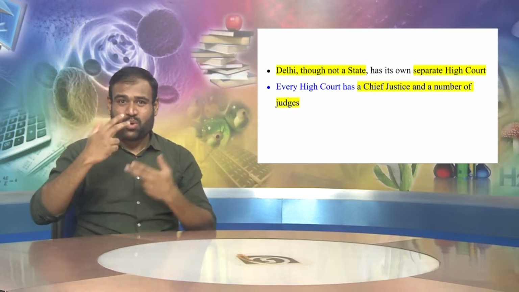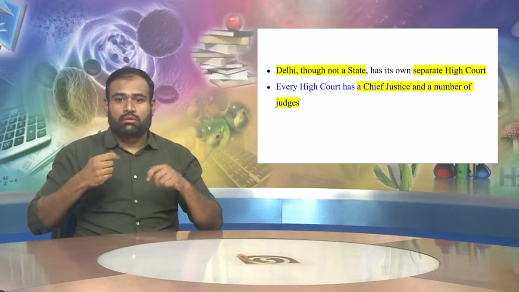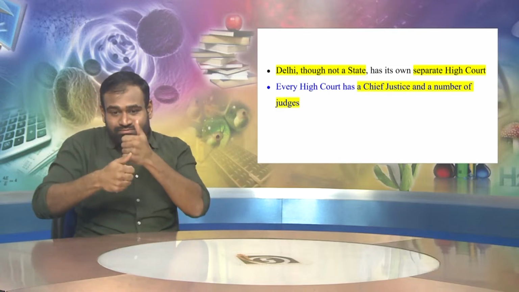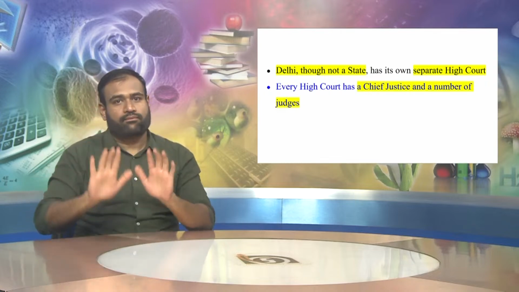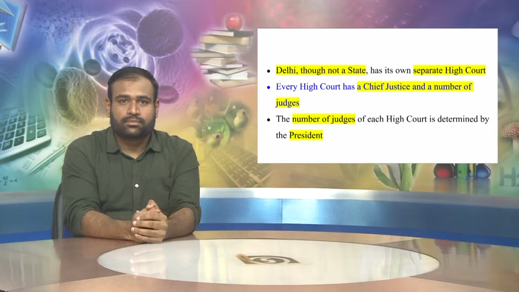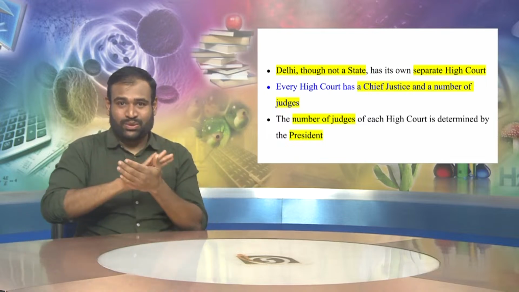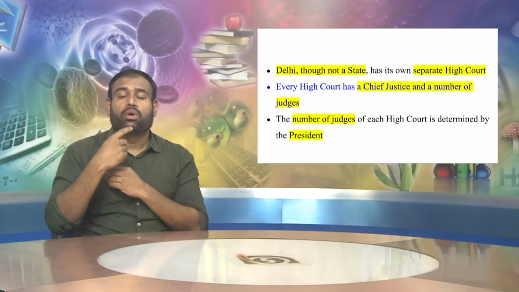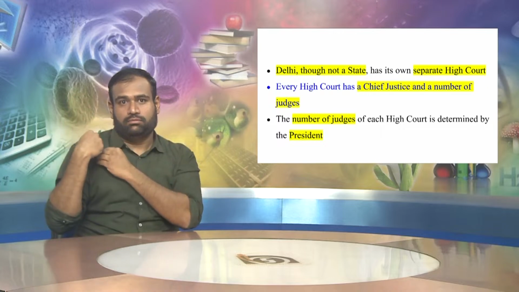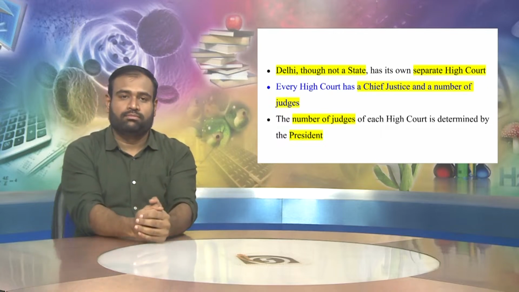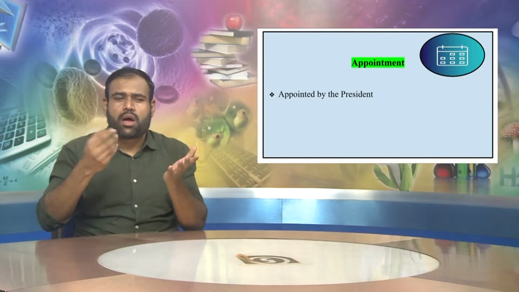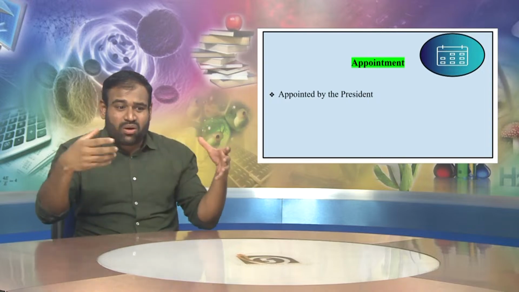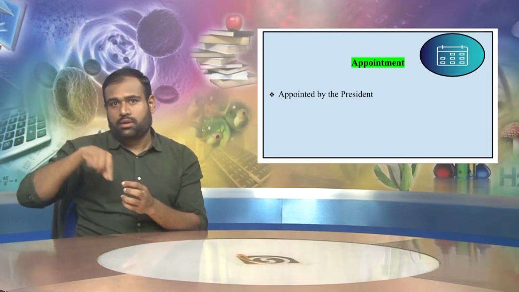Every high court has a chief justice and a number of judges. The number of judges of each high court is determined by the president. Appointed by the president.